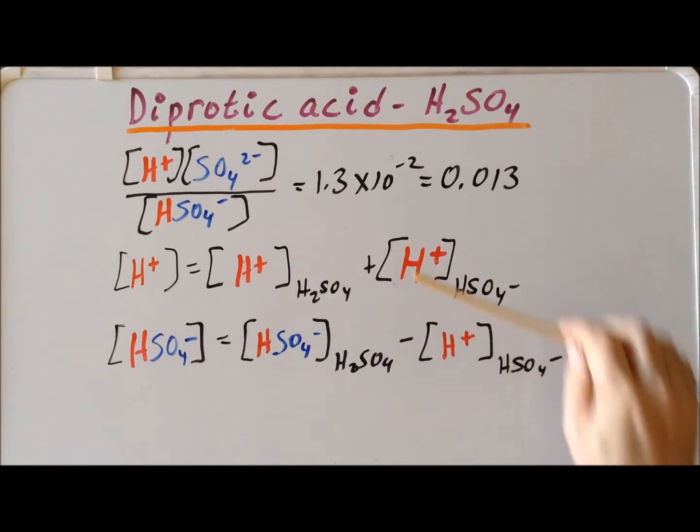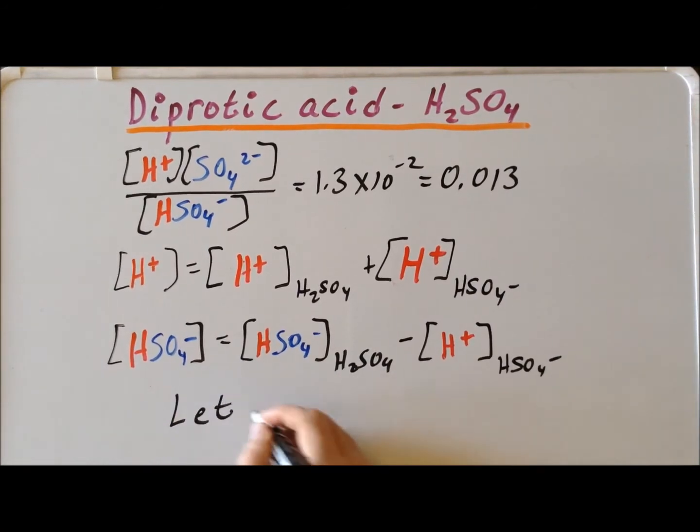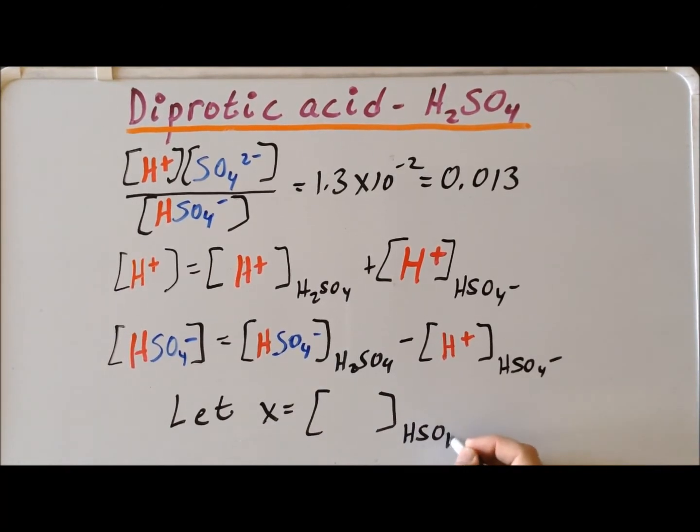We notice that both of these expressions have the concentration of hydrogen ion that's caused from the dissociation of bisulfate. So that suggests assigning that as our variable. So we're going to let x equal the concentration of H plus that comes from bisulfate ion.